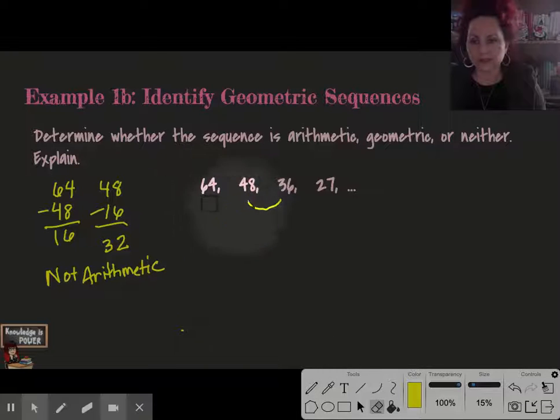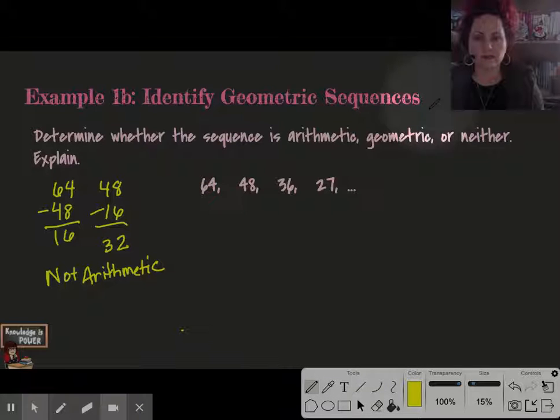Let's see about that whole common difference thing with the geometric sequence. So we're looking for something that we would multiply. I don't know about you, I can't exactly see it right off the bat. So I'm going to use that formula, right? That common ratio, where you take the second term and you divide it by the first term.